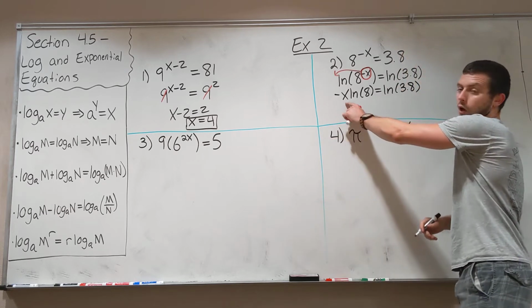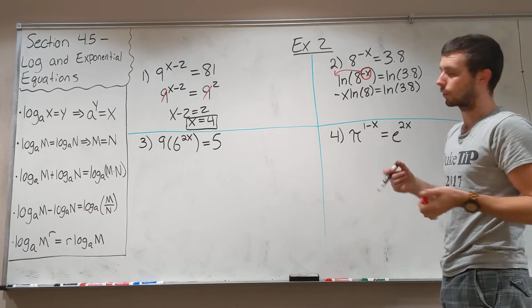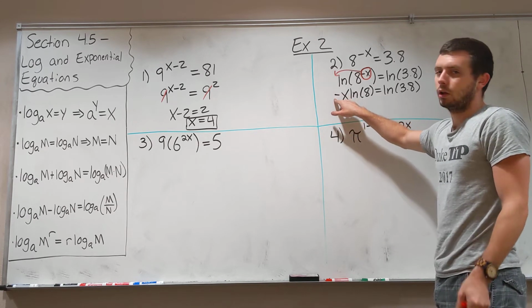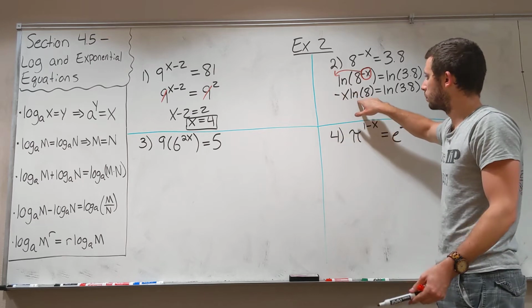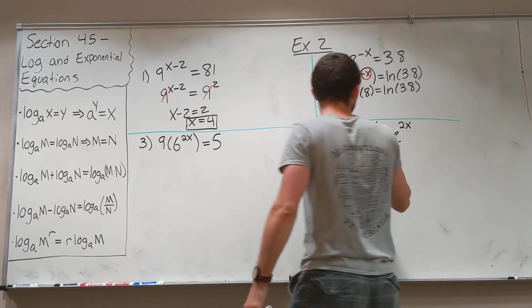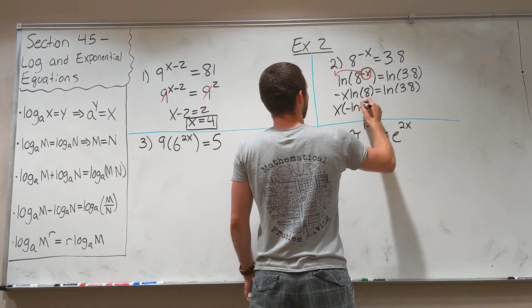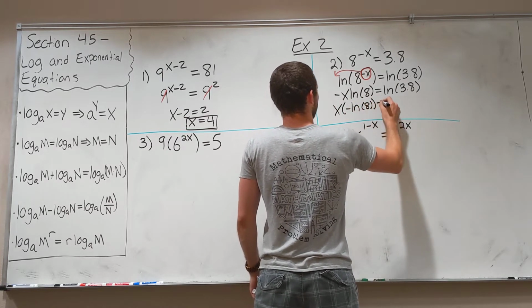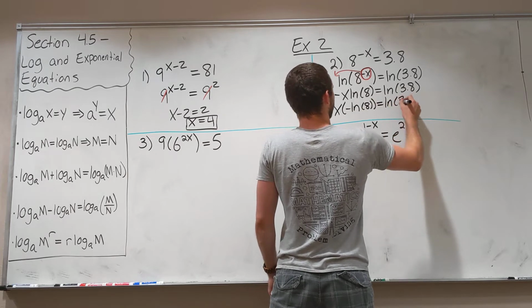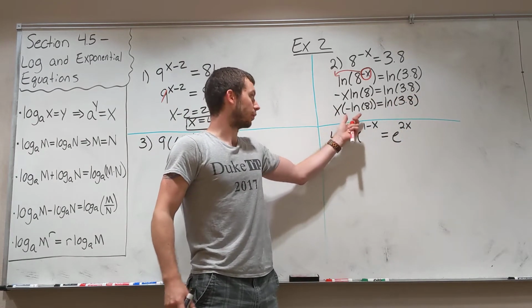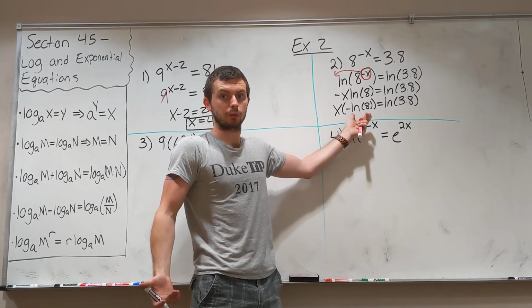So if anything now, x is a product. The x is being multiplied by, well, a negative sign and by the natural log of 8. And if it helps you, this is exactly what's going on right now. It's just x times the negative natural log of 8.